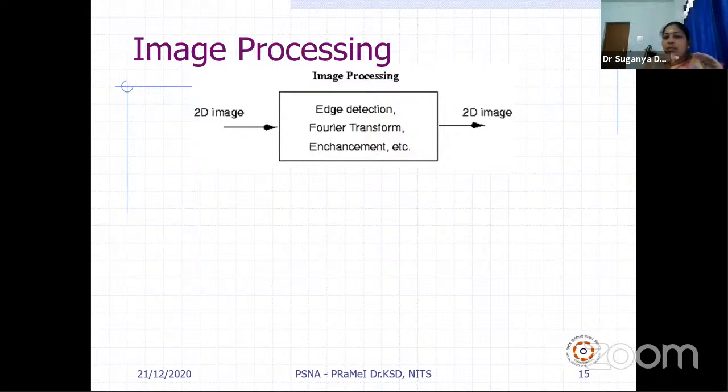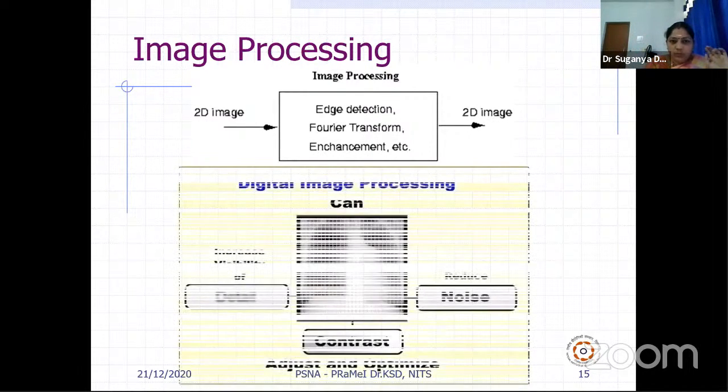I'll be performing some operations on those 2D images, say for example pre-processing, segmentation, object detection, and of course enhancement. After that, I'll be getting the same image in 2D only. This is image processing.